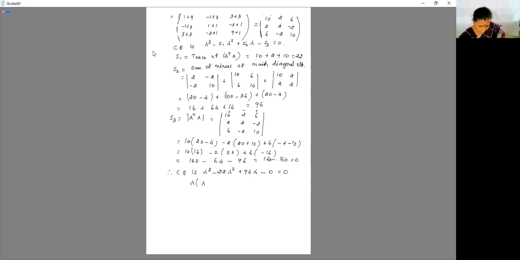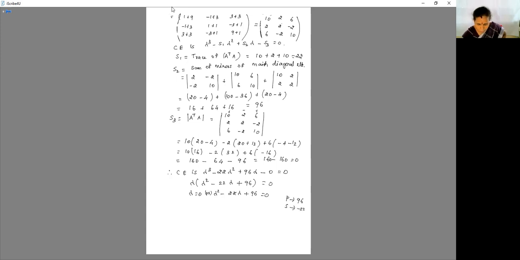It is lambda times (lambda squared minus 22 lambda plus 96) equals 0. The product of two terms is 0, so either the first term is 0 or the second term, lambda squared minus 22 lambda plus 96, equals 0. This is a quadratic equation. The product we want is 96 and the sum we want is minus 22.